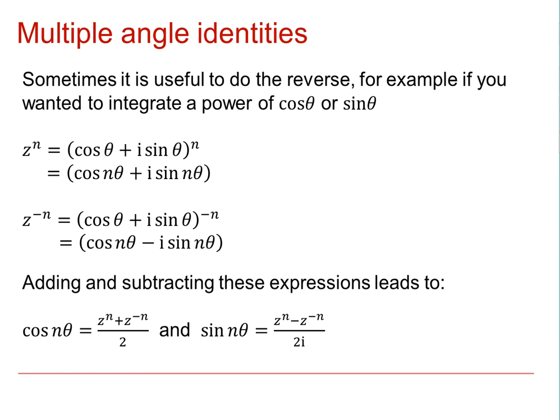We can see that if we add z to the n and z to the minus n, then the i sine theta terms will cancel out, and this leads to cos n theta equals z to the n plus z to the minus n over 2. Subtracting would lead to the cos theta terms cancelling out, and this would lead to sine n theta equal to z to the n minus z to the minus n over 2i. These are useful results that we will see again in later videos.